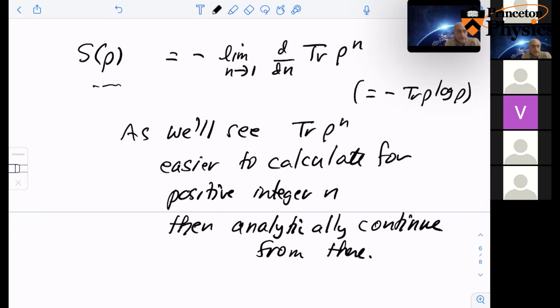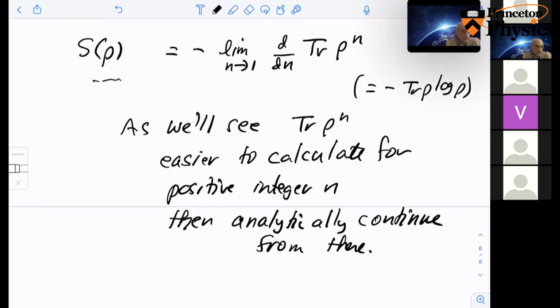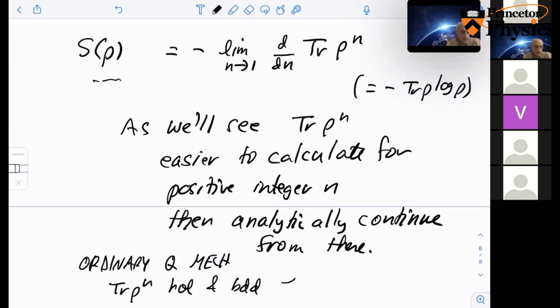Since we're analytically continuing just from integers, you might want to ask what we're doing. In ordinary quantum mechanics, the replica trick is actually correct in the following sense. The trace of rho to the n is holomorphic and bounded in ordinary quantum mechanics for the half-plane real part of n equal to or bigger than 1.